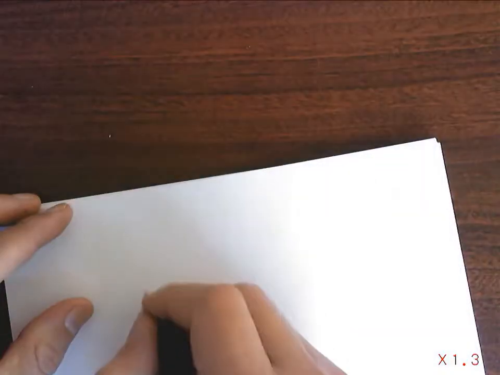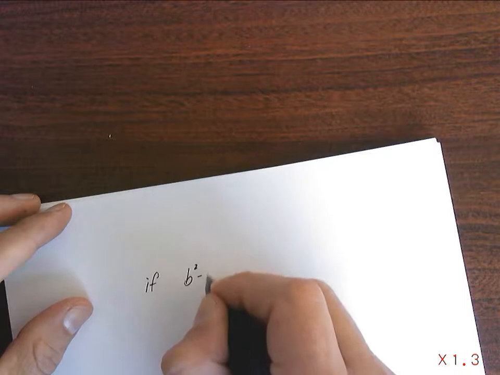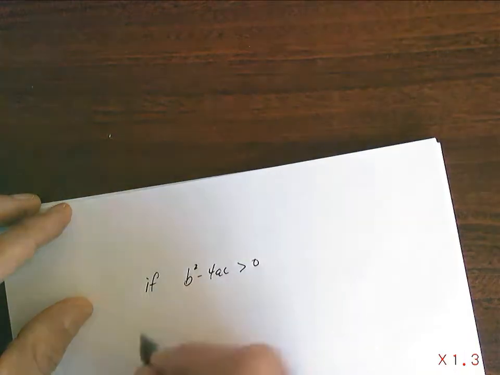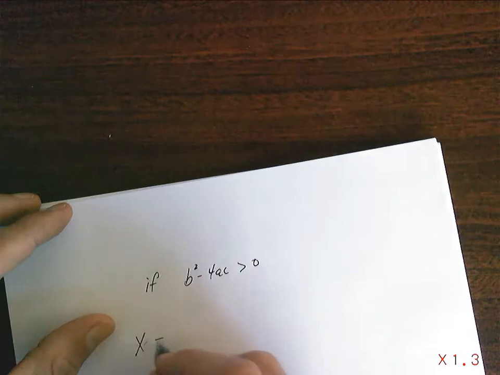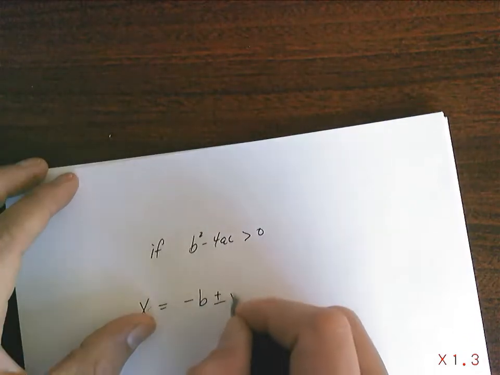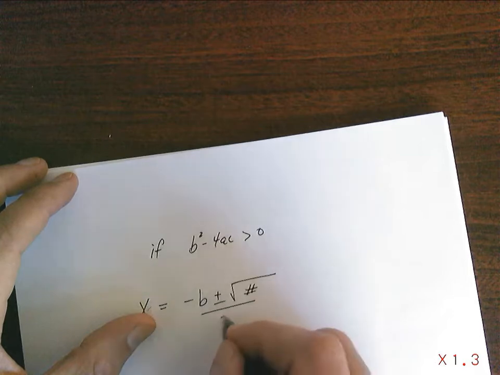So what happens is, if the discriminant is greater than 0, I'm going to have x equals minus b plus or minus a number greater than 0 over 2a.